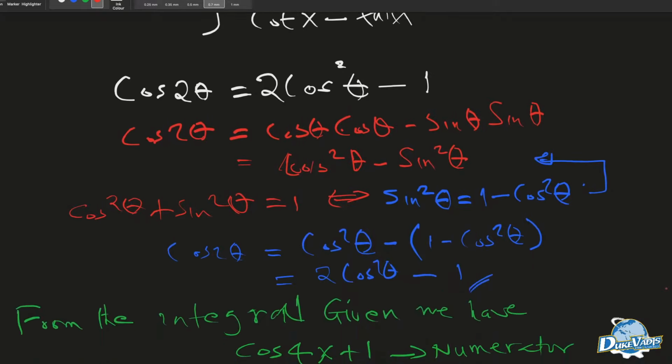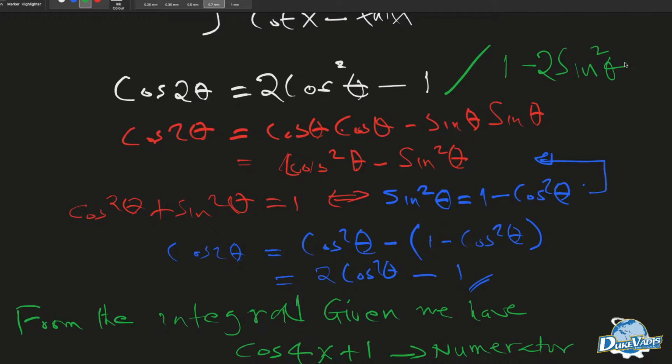So I said cos 2 theta is 2 cos squared theta minus 1, or 1 minus 2 sine squared theta. So it's either 2 cos squared theta minus 1, or 1 minus 2 sine squared theta.